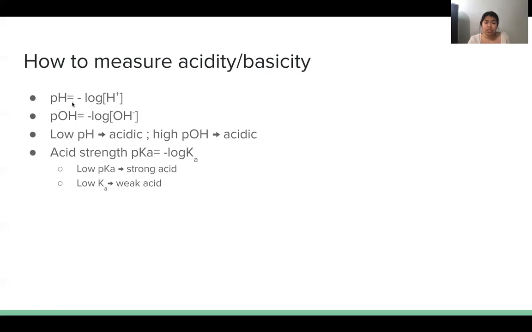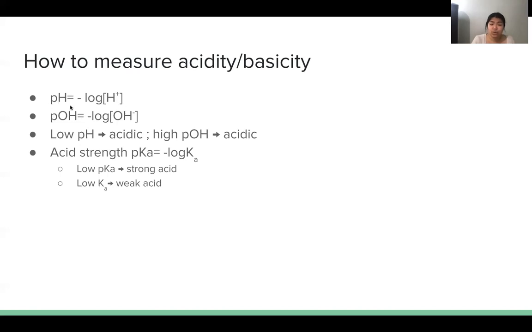Well, pH and pOH, they're really similar because they both tell you about the acidity or basicity of your solution. If you're given the concentration of OH, you're going to be looking at it on a basic scale. If you're looking at pH, you're looking at it on an acidity scale.